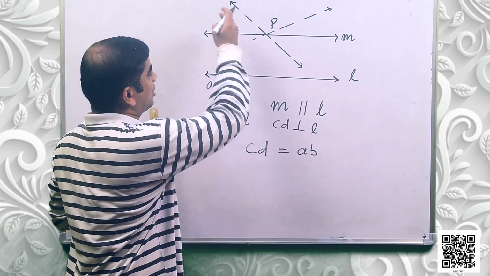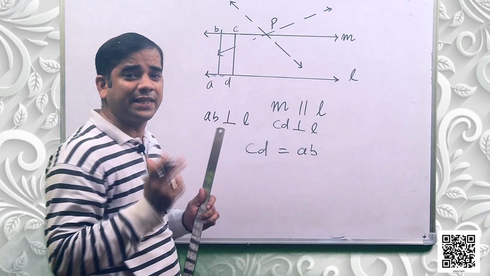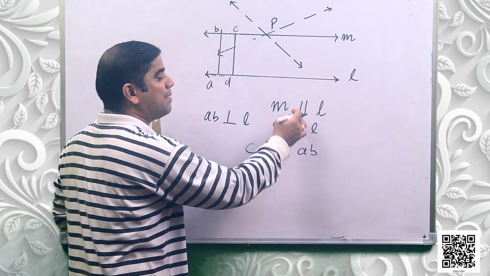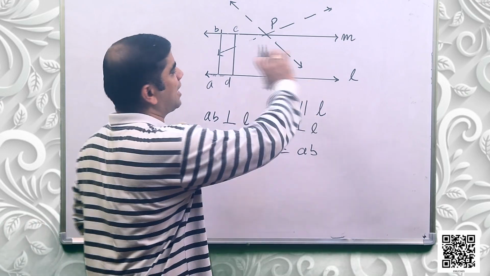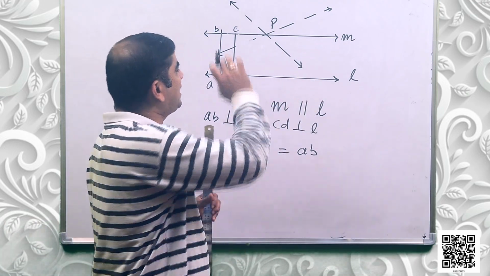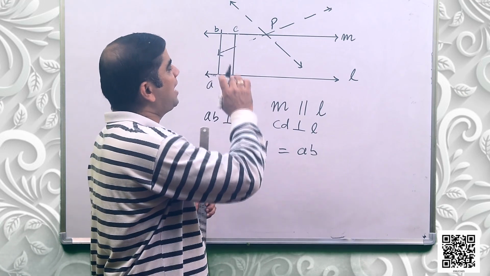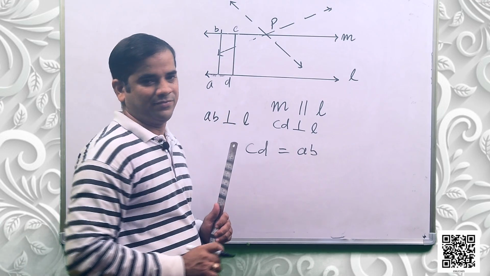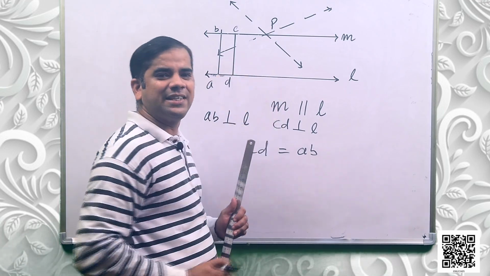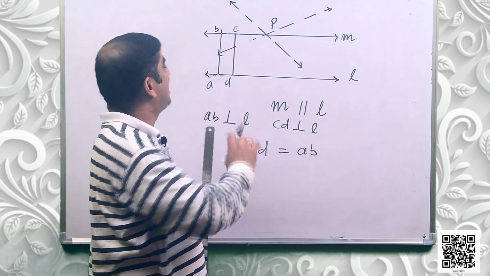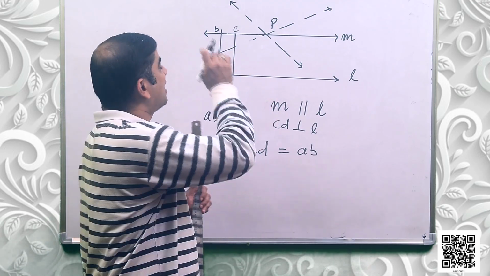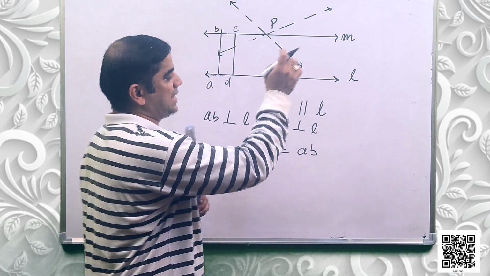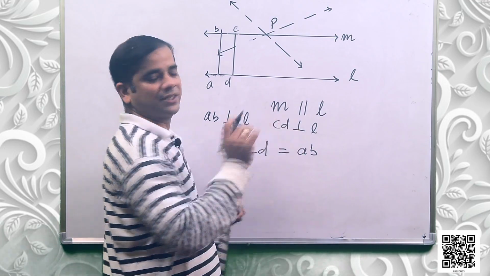In which case? In the case L is parallel to M. All the perpendicular distances between points which lie on M and L are equal. So the distance between a point and another point on the two different lines, M and L, remains constant.